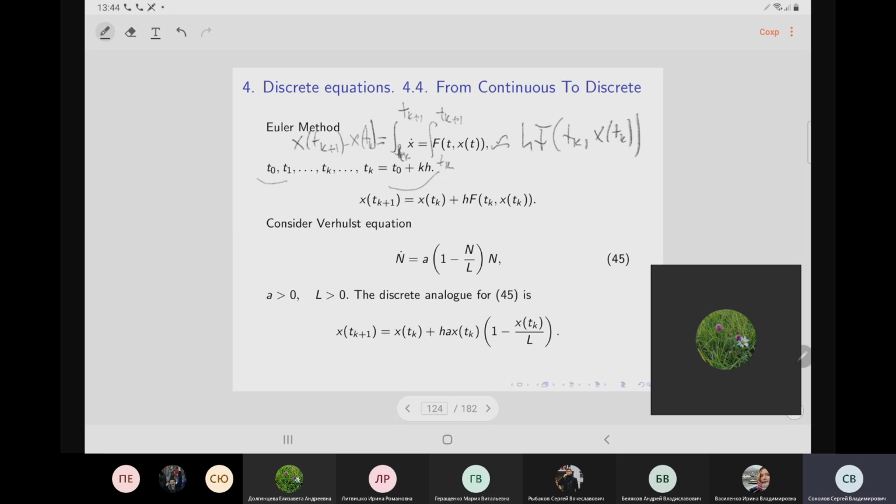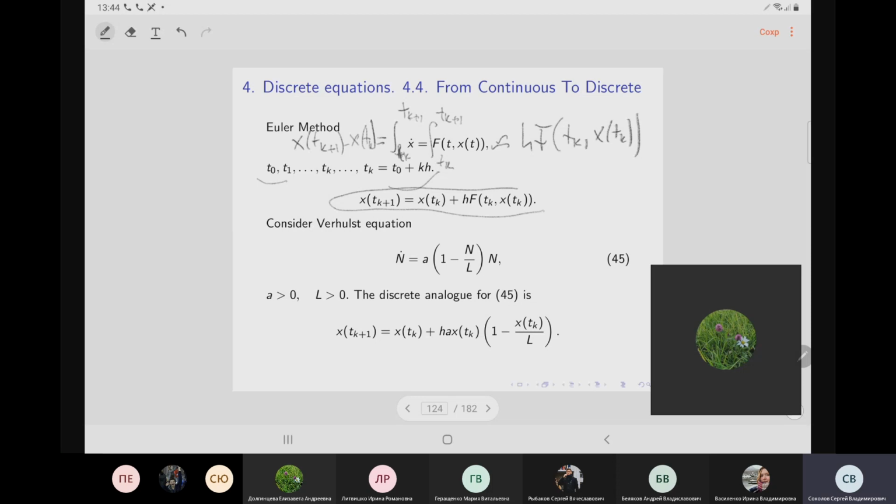So far, this approximation gives us the following discrete equation. Let's see, does this method work.